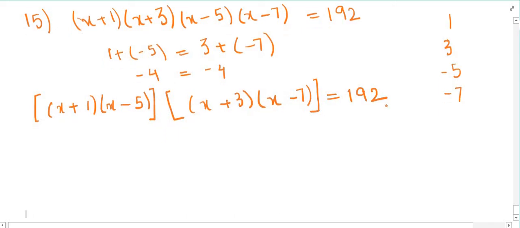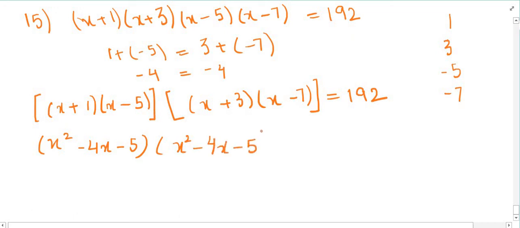Now just multiply these two terms, you will get a quadratic equation. I am going to write this equation directly for both. First one is x² - 4x - 5 and x² - 4x - 21 equals 192. Here x² - 4x and it is also x² - 4x. Put y = x² - 4x.